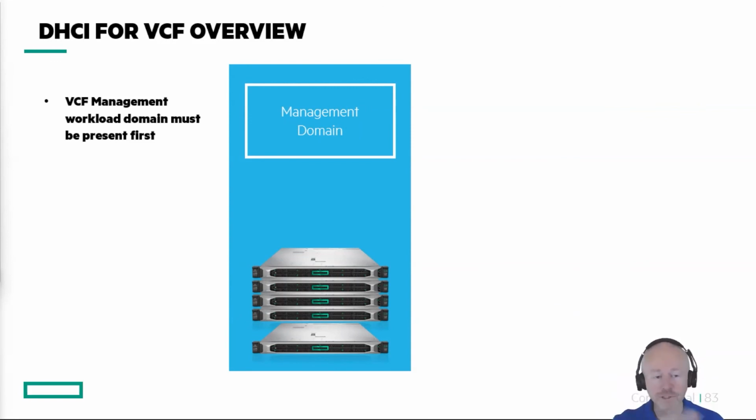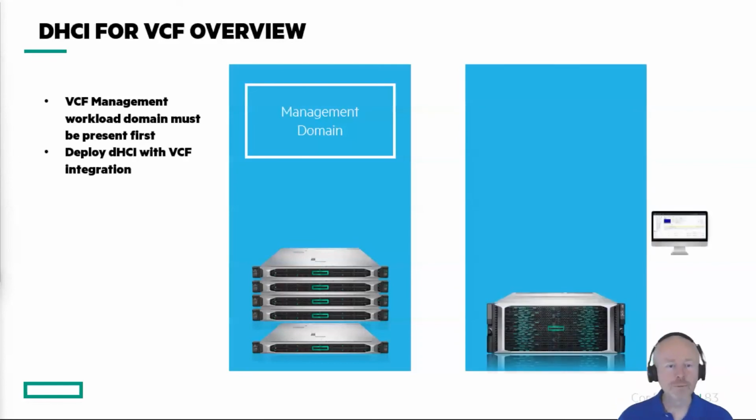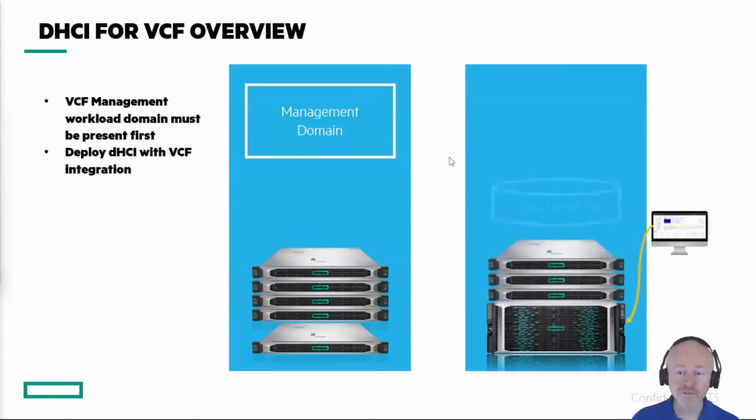This is where we're going to deploy the VMware Cloud Foundation software on top. Now these 3 servers will already be 3 dHCI servers. So we have a Nimble array behind it, or an Electra array with those 3 dHCI servers, and that will be our management domain. We're going to deploy dHCI with the VCF integration.